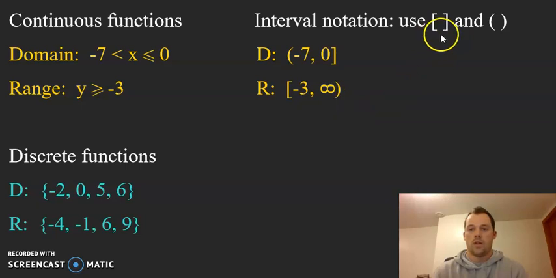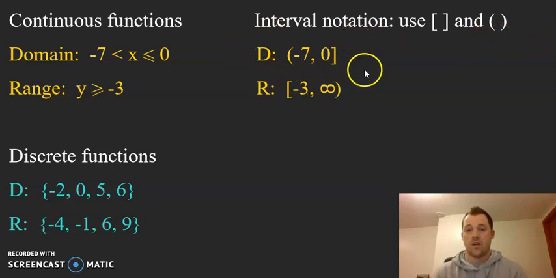And we use these brackets and parentheses rather than less and greater than signs. So it's kind of written like an ordered pair. The difference between these two is that the bracket represents that our domain or range includes that value, and the parentheses means it does not include that value.